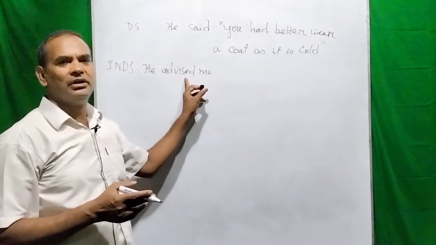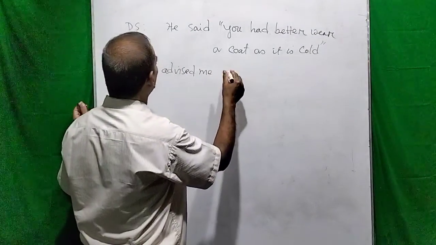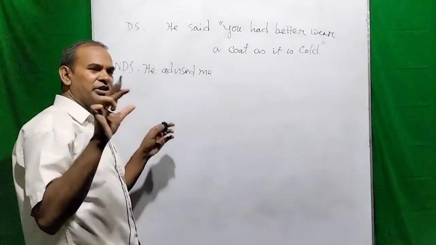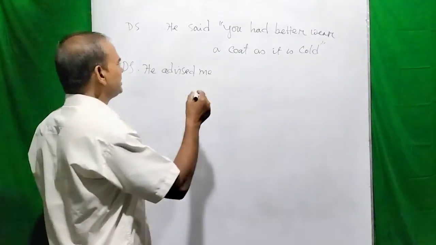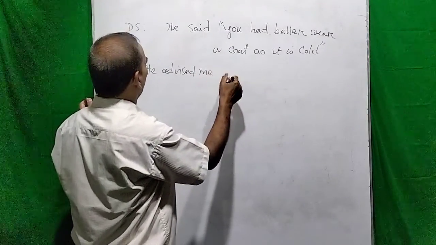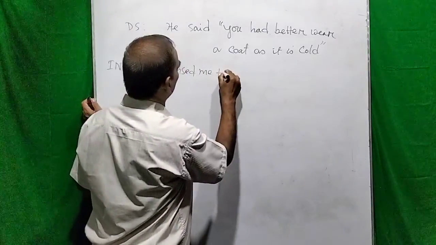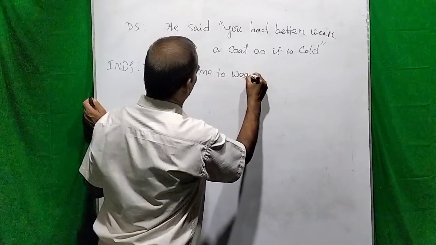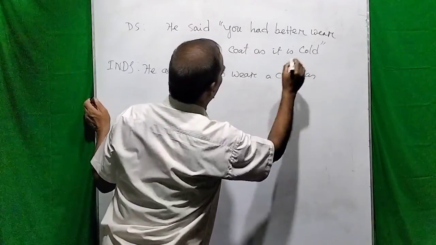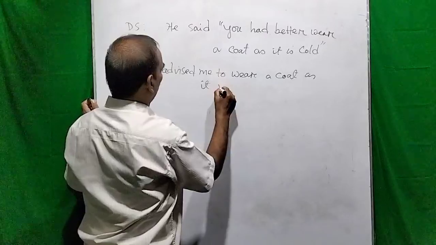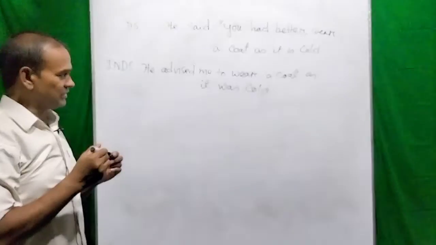After advised, I have to use the general rule of changing direct speech into indirect one of the imperative sentence. That means to plus v1, that means an infinitive construction. He advised me to wear a coat as it was cold. Dear viewers, please try to understand.